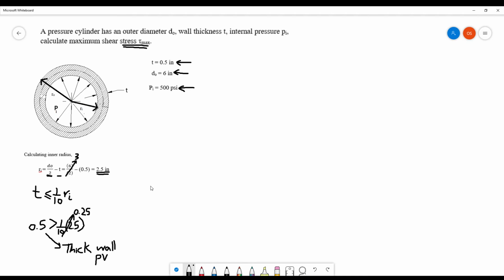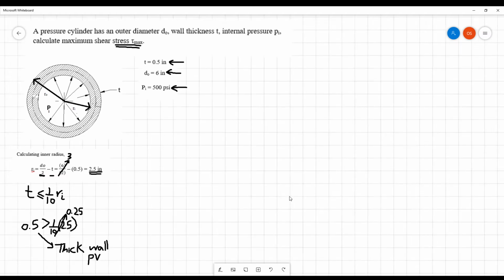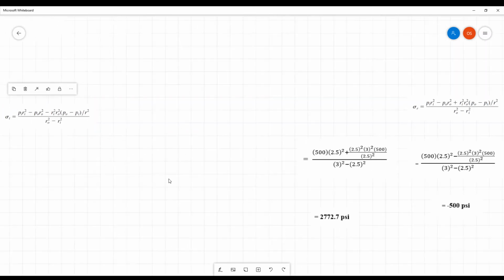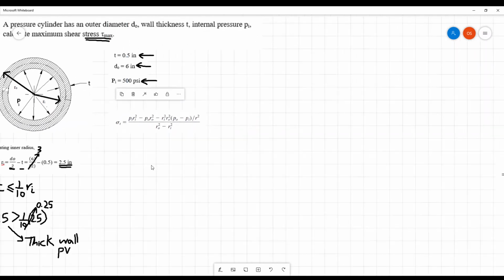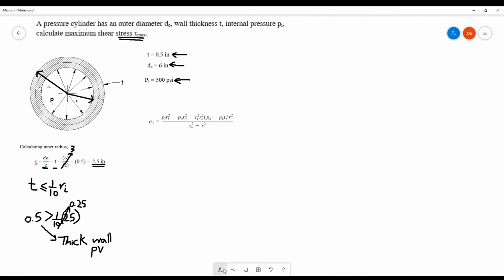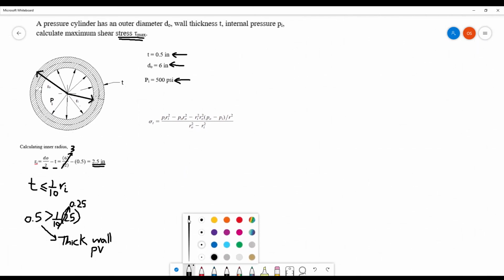Next, we're going to calculate the tangential stress using this formula right here, and we're going to look at different terms. This term, PO times RO squared, becomes 0 because our external pressure is 0. PO right here is 0.